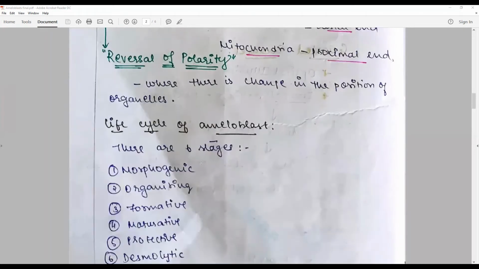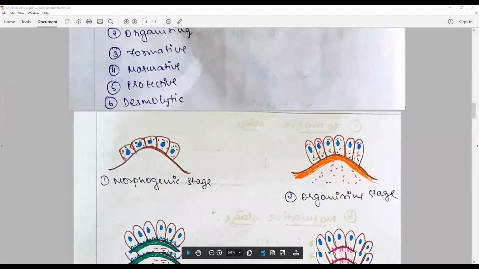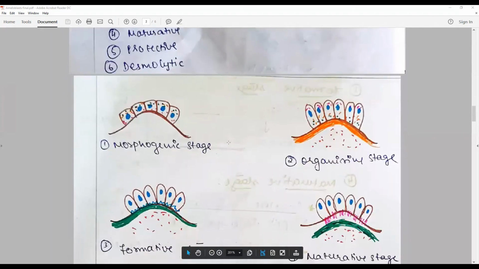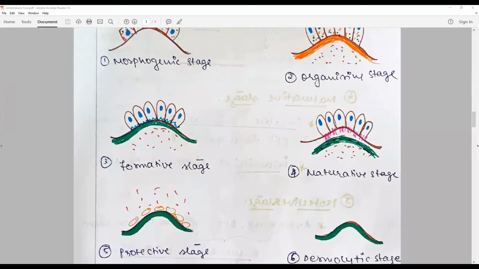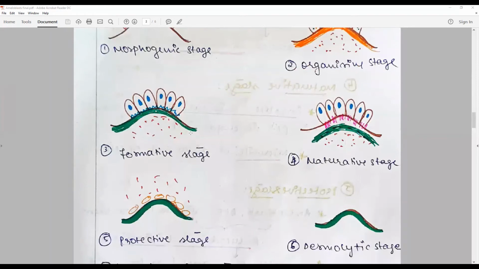The life cycle of ameloblast has 6 stages: morphogenic, organizing, formative, maturative, protective, and desmolytic. And the candidate has shown again how the nucleus and the positions of organelles have shifted over time. This has to be highlighted by showing the parts.